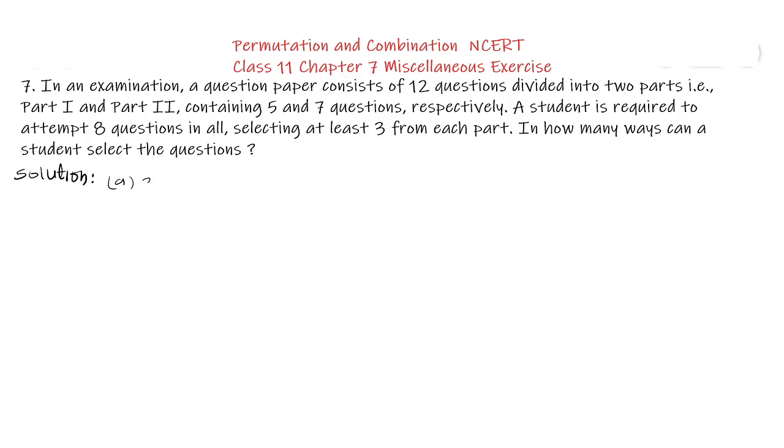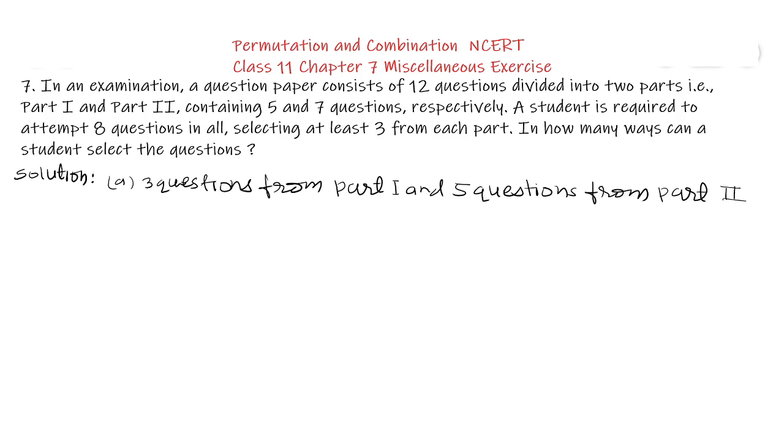Part A, 3 questions from part 1 and 5 questions from part 2. This can be done in 5C3 ways, multiplied by 7C5.